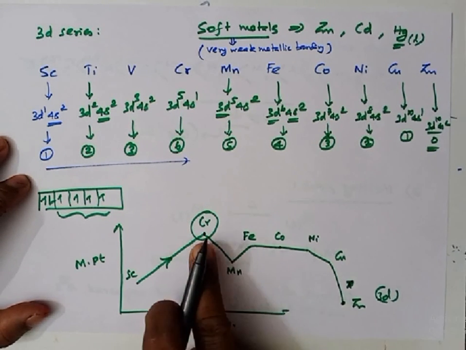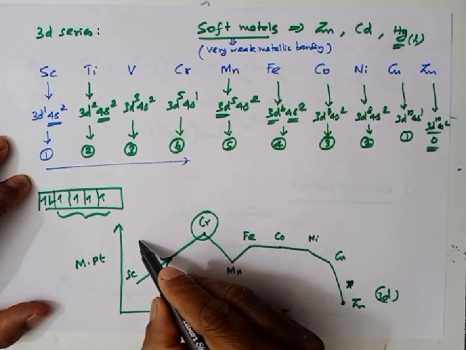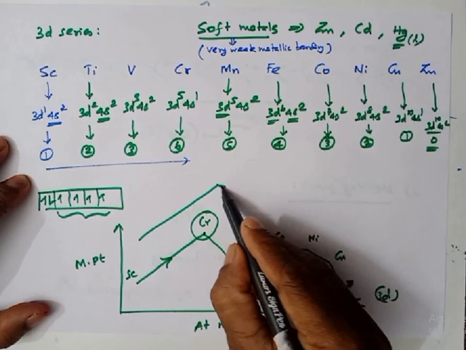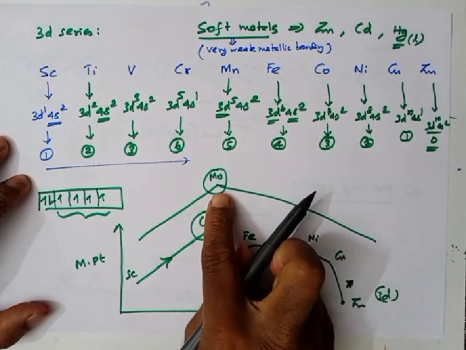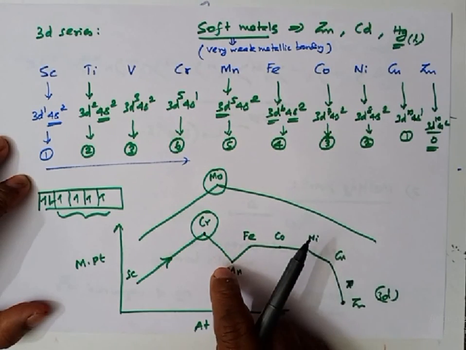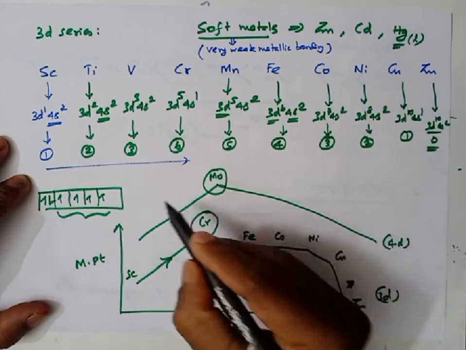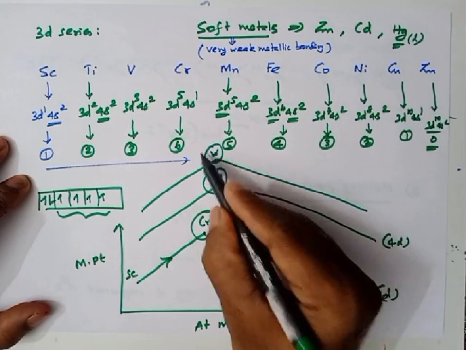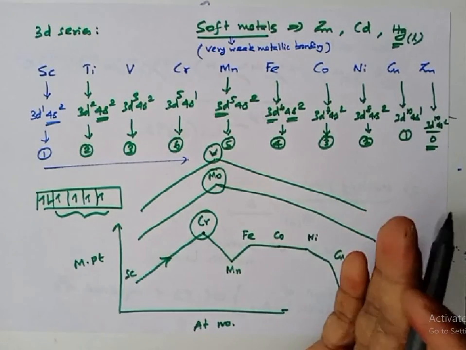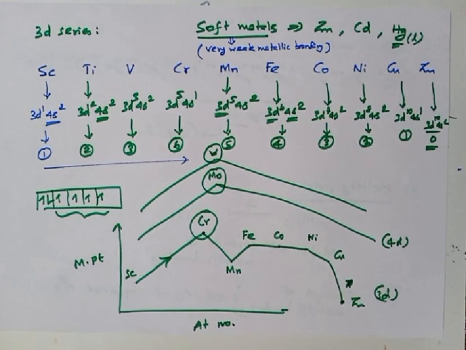Similarly, in the 4D series, molybdenum has the highest melting point because it has the maximum number of unpaired electrons. In the 5D series, tungsten has the highest melting point. You know very well, in the entire periodic table, tungsten has the highest melting point.